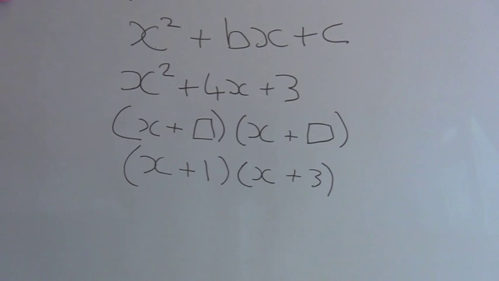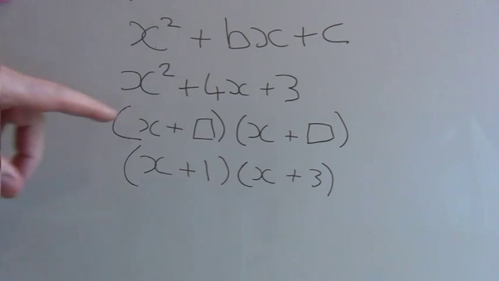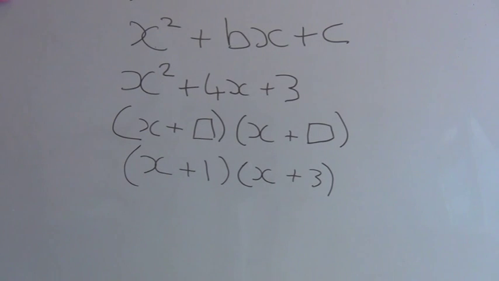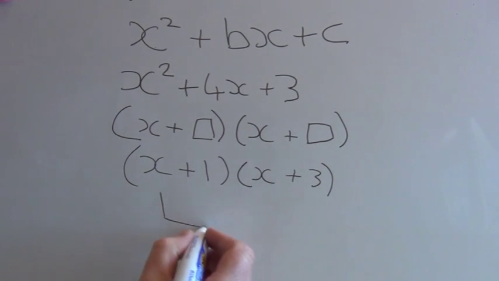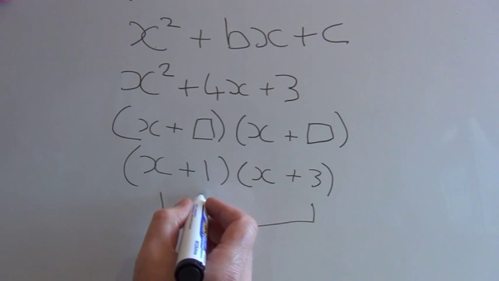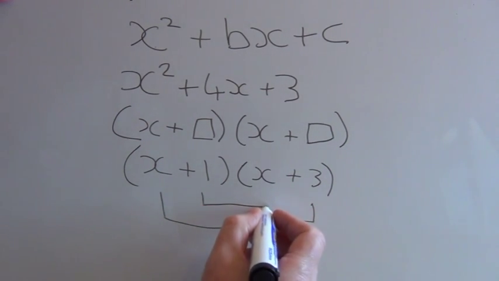Now, this can be checked by examining the coefficients of x. In the original expression, the coefficient of x is 4. Now, in the product, the coefficient of x is given by x times 3 and x times 1.